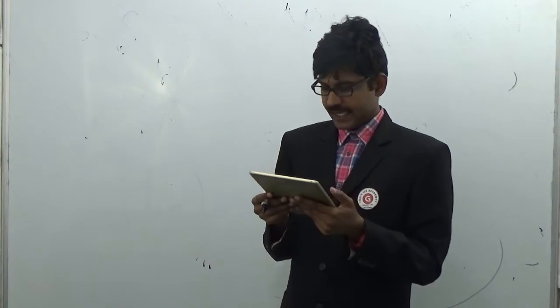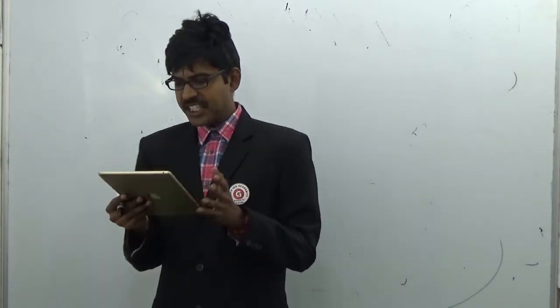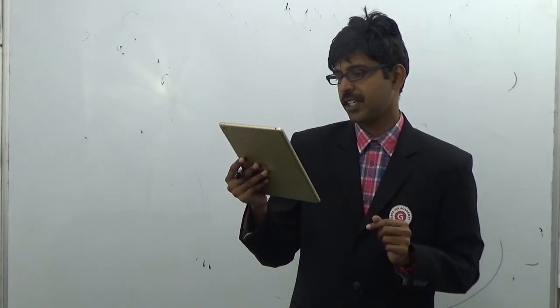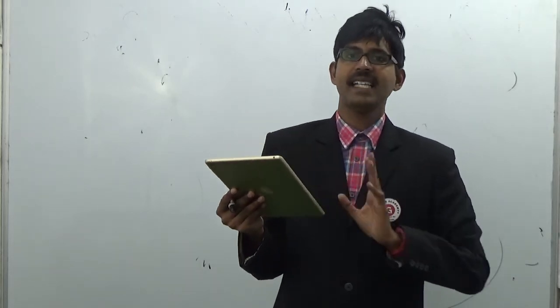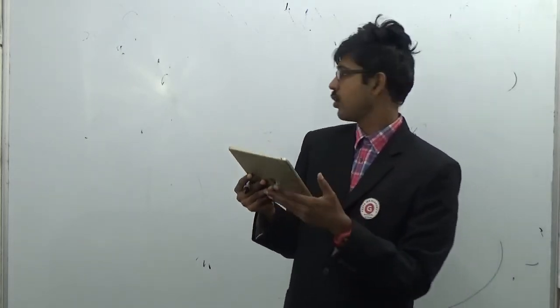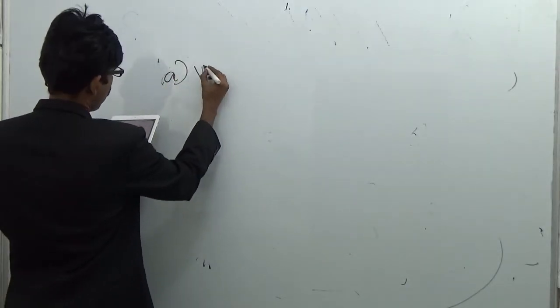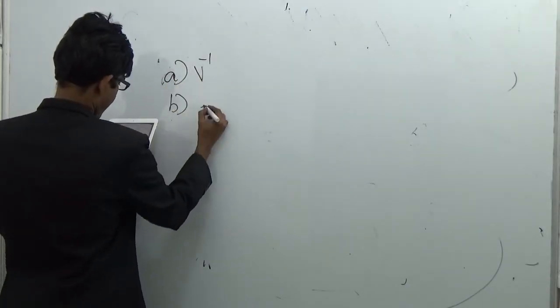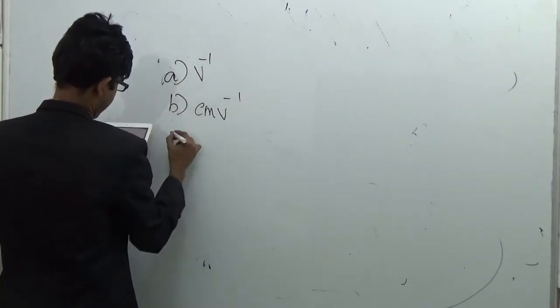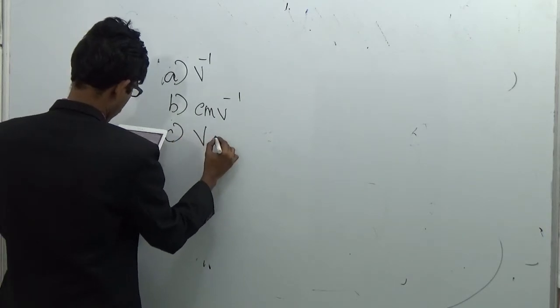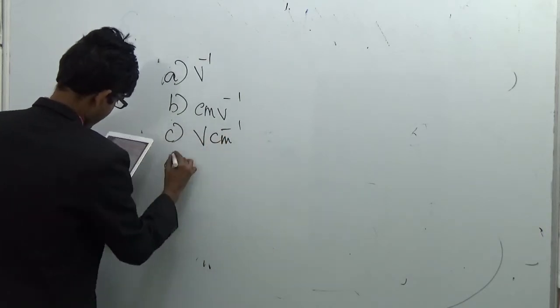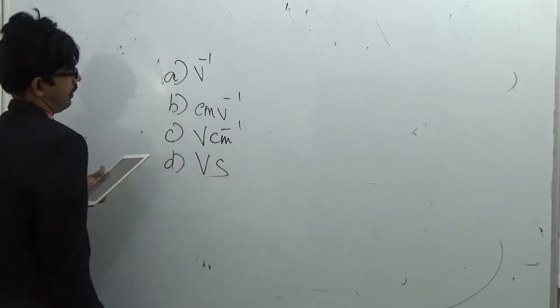Now, the ratio of mobility to the diffusion coefficient of a semiconductor has the following units. You are given 4 units. A is volt inverse, B is centimeter volt inverse, C is volt centimeter inverse, D is volt second.